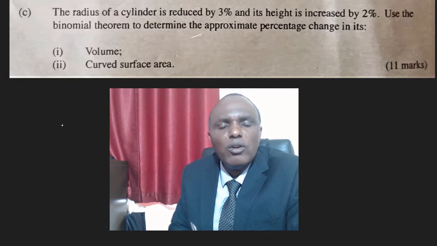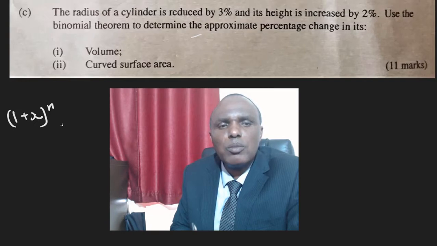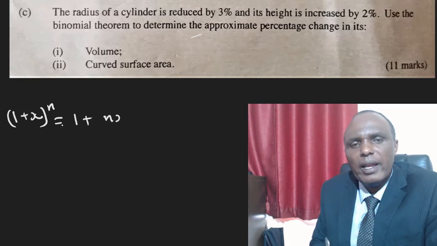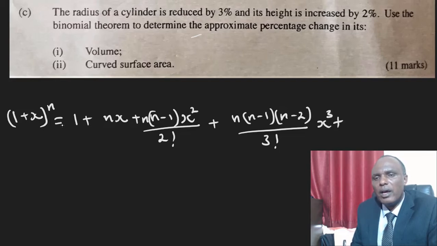The binomial theorem states this: if you have, for example, 1 plus x, and you would like to raise it to power n, you get 1 plus nx plus n times n minus 1 times x squared over 2 factorial plus n times n minus 1 times n minus 2 over 3 factorial times x cubed, and so on.